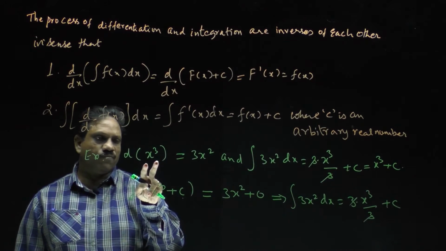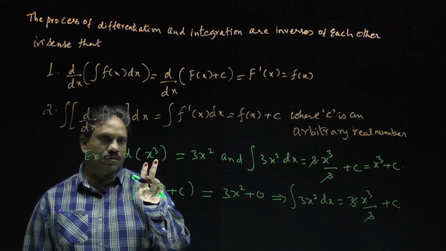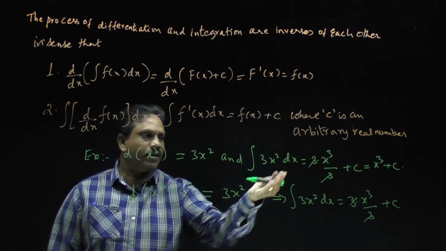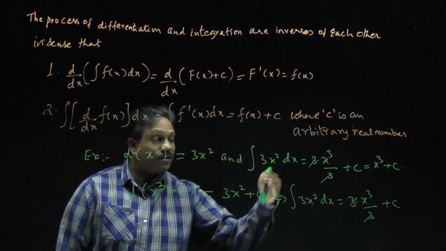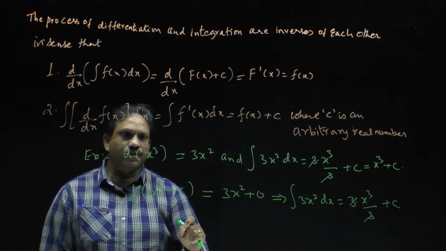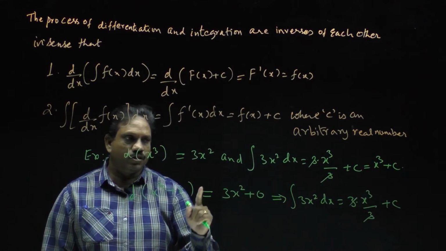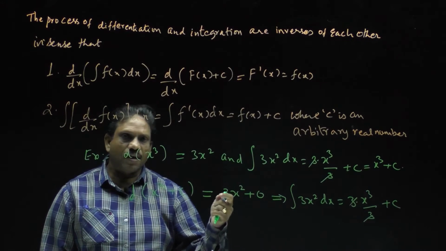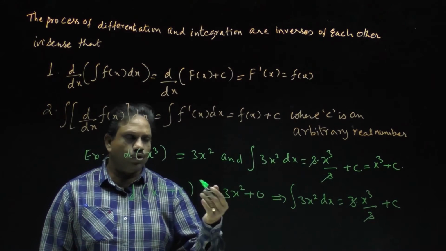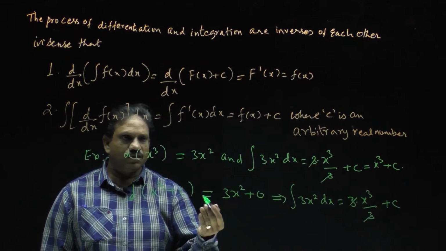Whatever we get by doing the derivative, we get the 3x square value. If you integrate it, you get back x cube, but with an arbitrary constant, because there are so many antiderivatives for this, not one. That's why we add an arbitrary constant. You can take x cube plus 1, the derivative is 3x square.